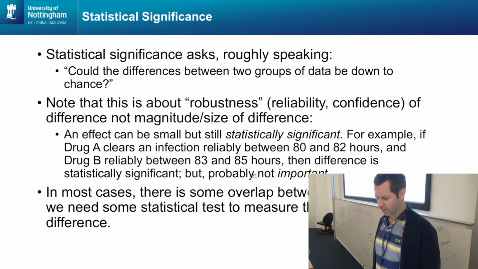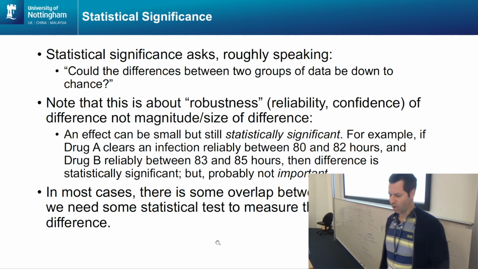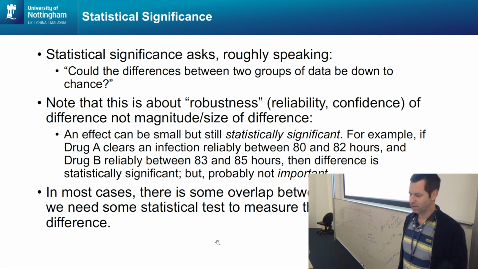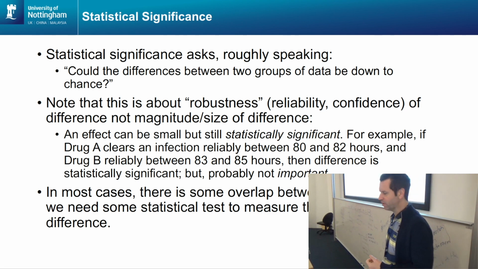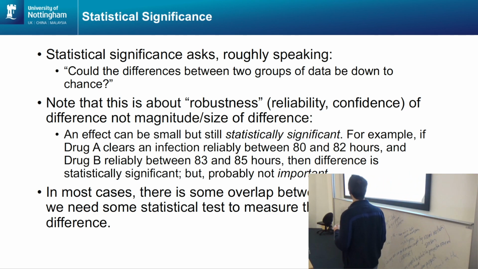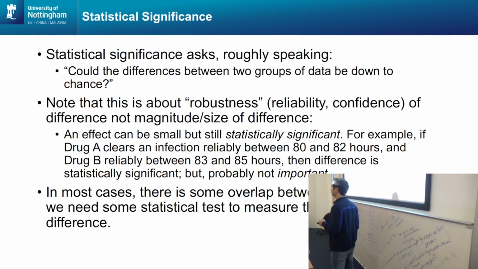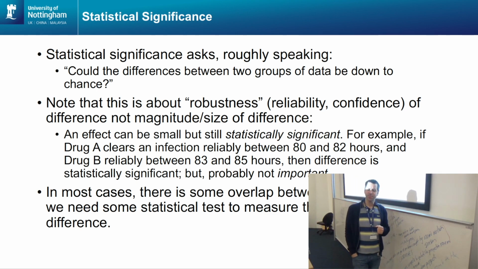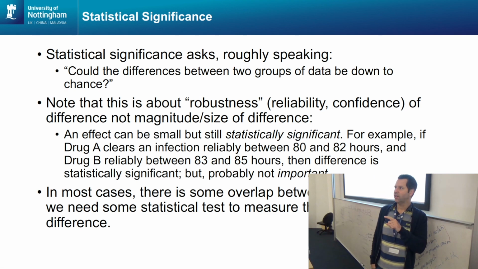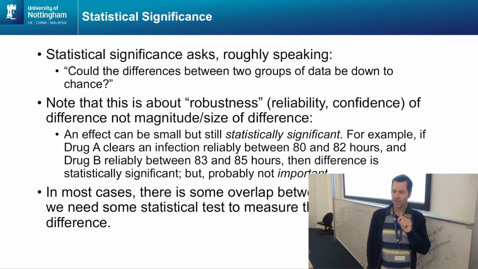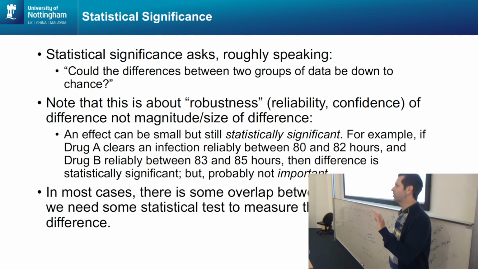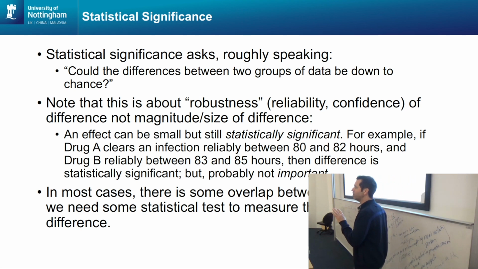So in most cases, there is some overlap between these measures, but we need some statistics to measure the robustness of the difference. This is the so-called statistical significance. And I'm going a little bit fast here because we're trying to just give you a summary in just one lecture hour.